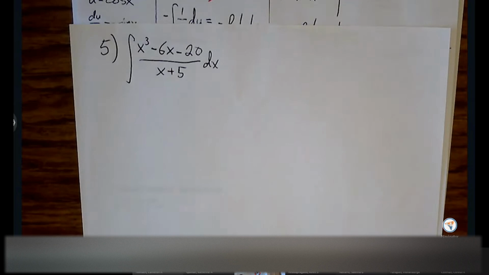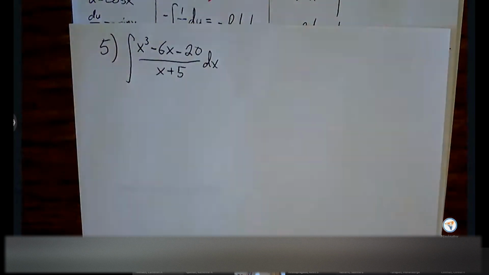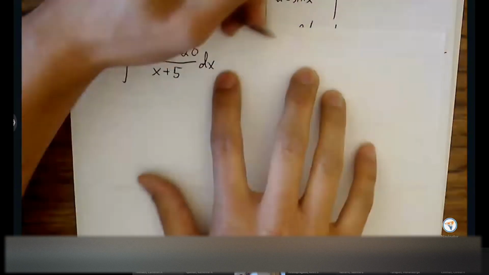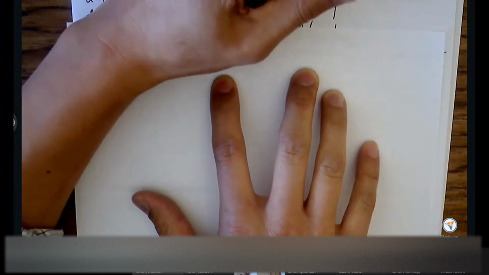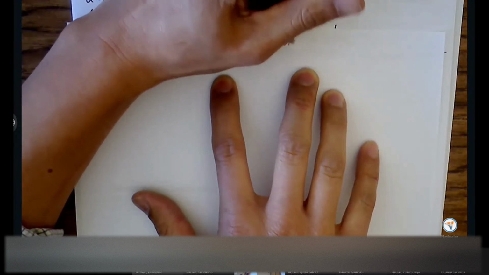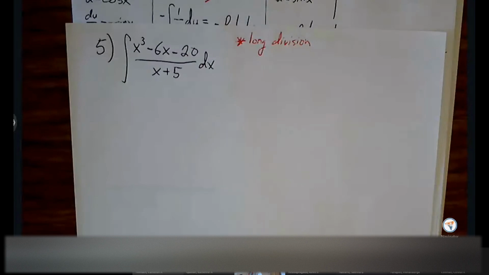So we need to explore something else. This is the third option we're going to add to the checklist that we're building here, and it's a long division problem.